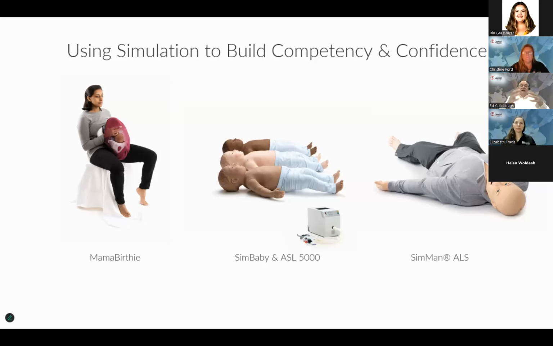Because as Elizabeth said, we expect to find a lot of our patients on the floor or in different positions, not in hospital beds. So all kinds of different products and solutions at different price points are built intentionally for EMS within our portfolio. So I hope you will visit.